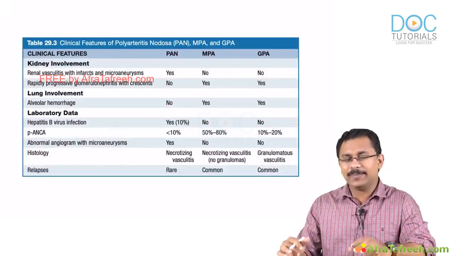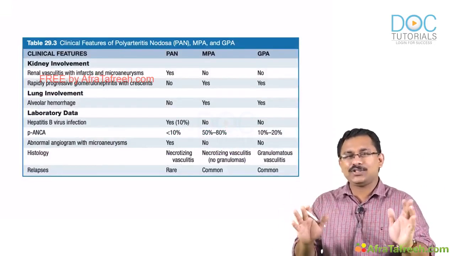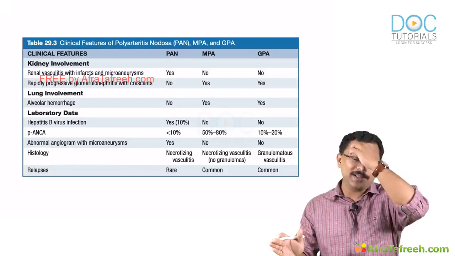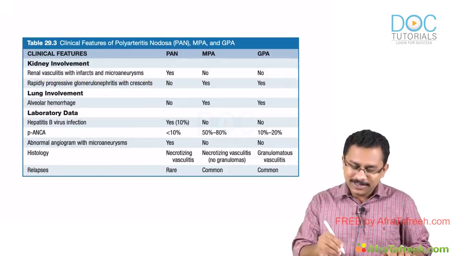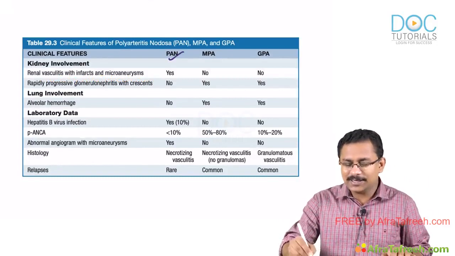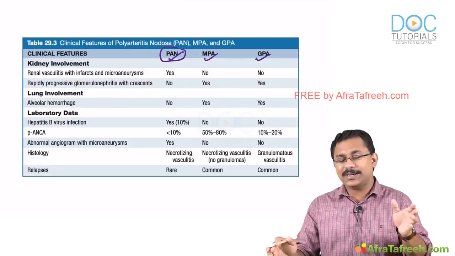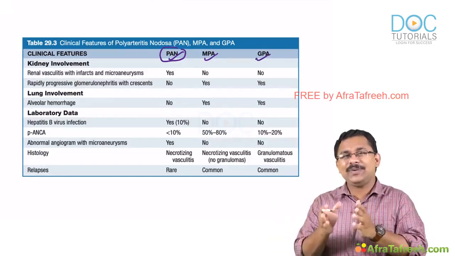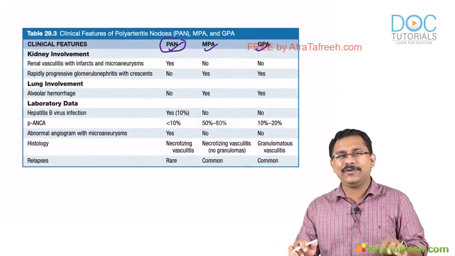This is just a table because I don't want you to get confused between the clinical features. So it's better that you form a table so that you study it now and for all. Okay. So this is just a subdivision into PAN, MPA and GPA. Remember, PAN is a medium vessel vasculitis. It is not an ANCA associated vasculitis, but you should know the comparison between these entities, because sometimes in the exam you might get confused.